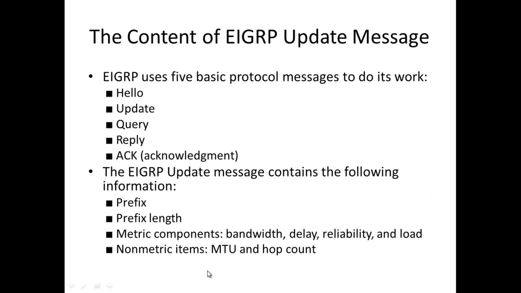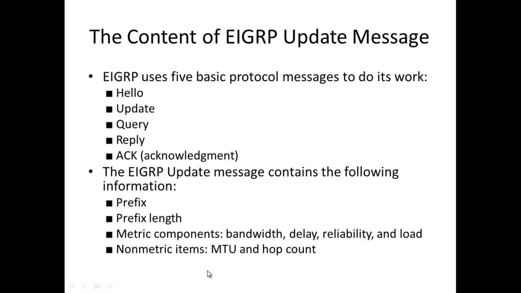Okay, now let's move to the content of the EIGRP update messages. EIGRP uses 5 basic protocol messages to do its work: the hello, the update, the query, the reply, and the acknowledgement. Mostly the usage is the hello and acknowledgement and the updates.